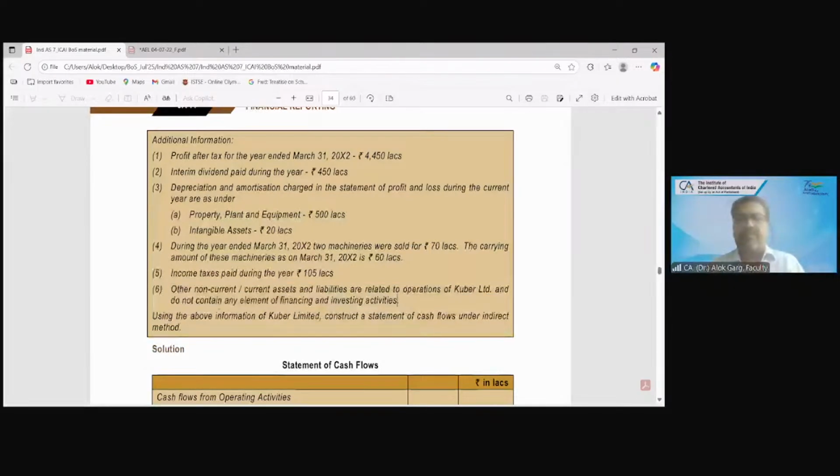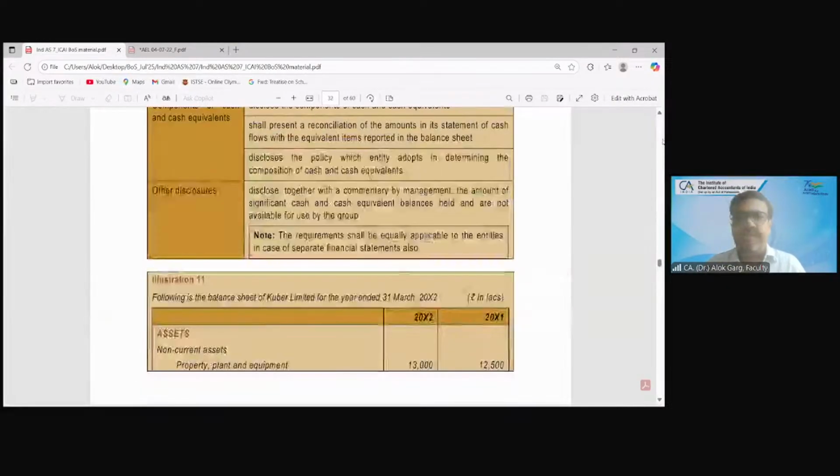Profit before tax. Other non-current or current assets and liabilities are related to operations of the Kuber Limited and do not contain any element of financing and investing activity. It is saying that all these non-current and current assets and liabilities are operating, nothing financing nor investing.